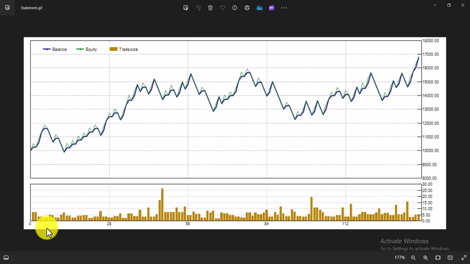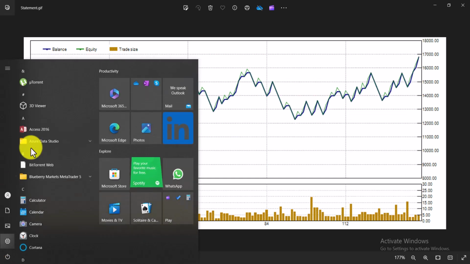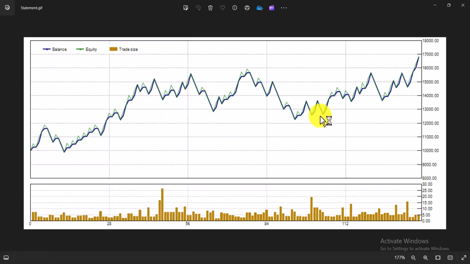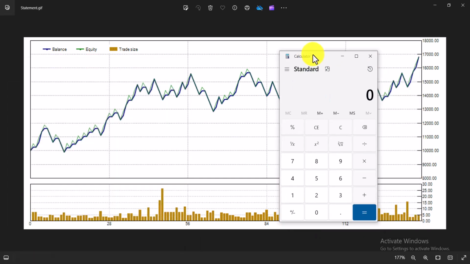My trade psychology is very simple. For example, if you have an account of $10,000 and your total drawdown is 10%, then 10% of 10,000 is 1,000. So I can only lose $1,000 in total, and I divide the 1,000 by 20.